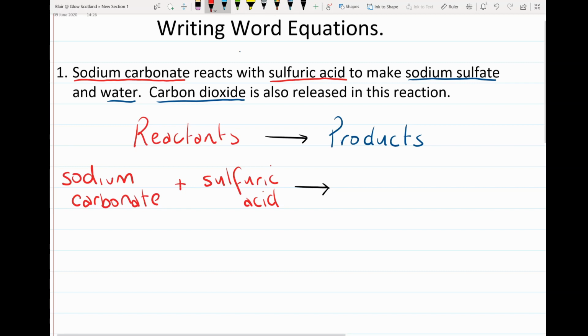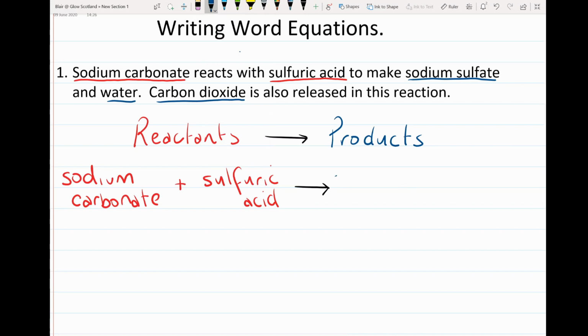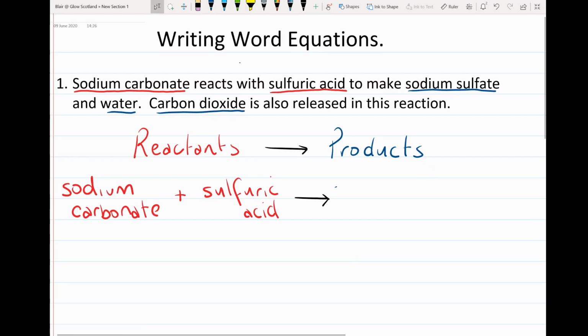So we're going to move to the right hand side now, and we've got 3 products to fit in. Now I still don't have an awful lot of room on that right hand side, even though I've left myself about half a page. Certainly not enough room to write 3 different chemicals. So I'm going to be thinking about the space that I have available to me, and once again I'm going to be doing it so that I leave myself enough room to fit them all in.